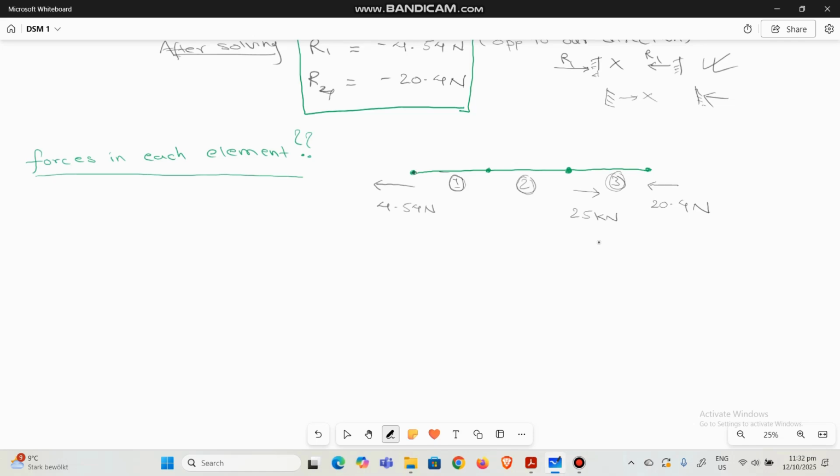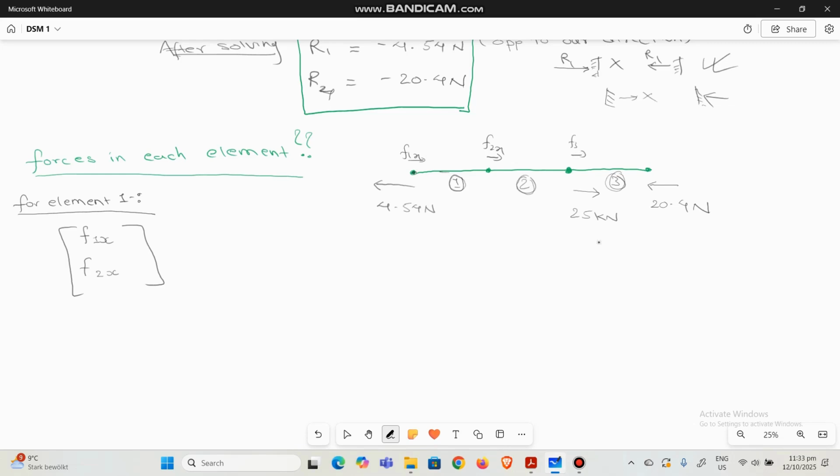So for element 1, we take F1 in x direction and F2 in x direction, which basically means force in this direction for F1x, and force in this direction for F2x.